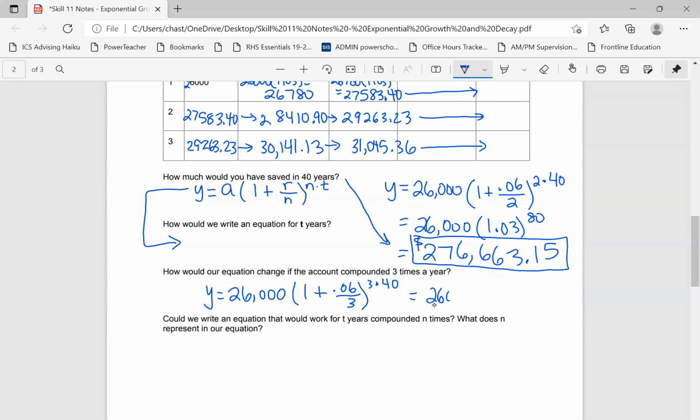So we do 26,000 times 1.02 to the 120th. I figured I should write that because I made a mistake when I did this on my calculator. I forgot to change the 1.03 to 1.02. All right, so 1.02 to the power of 120, multiply that by 26,000, and we're going to get 279,894 and 24 cents.